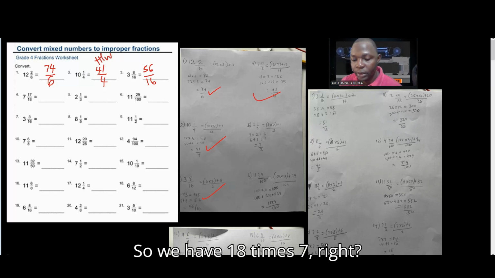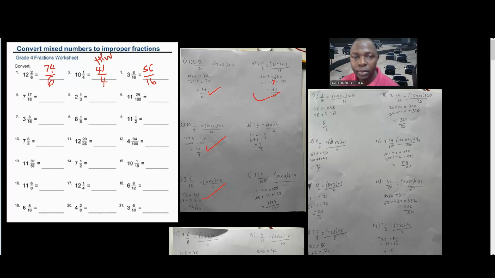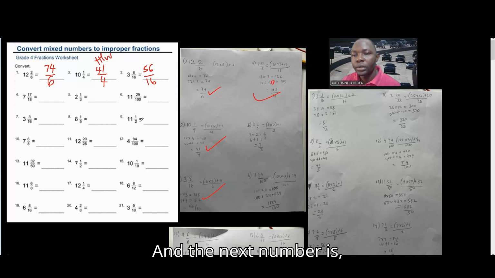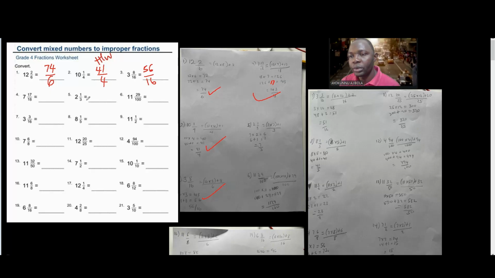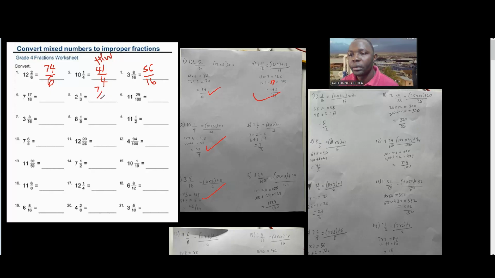So we have 18 times 7, right? Then we had 143, not 17. And the next number is 6 plus 1, that's 7 over 3, which is 143.